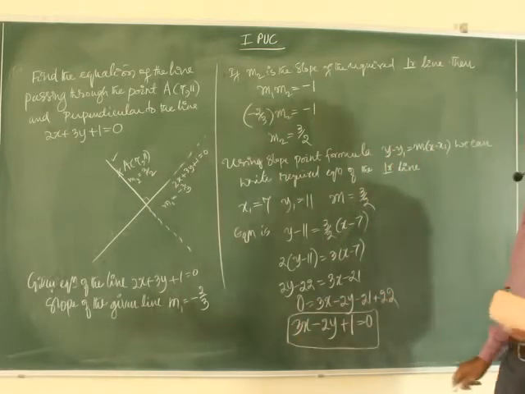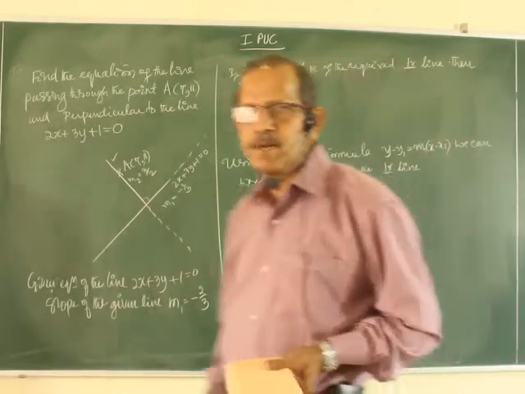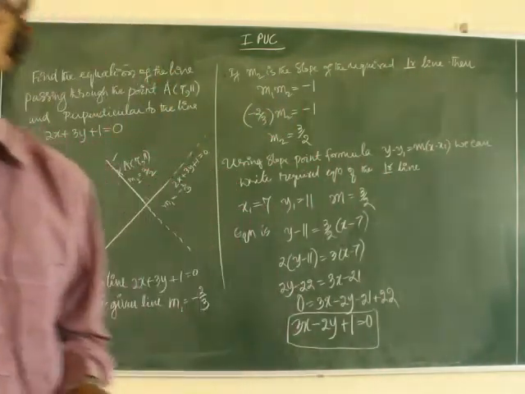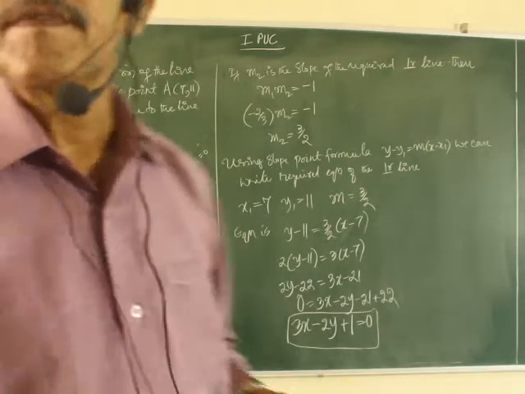The equation of the required perpendicular line is 3x minus 2y plus 1 equal to 0. Right?